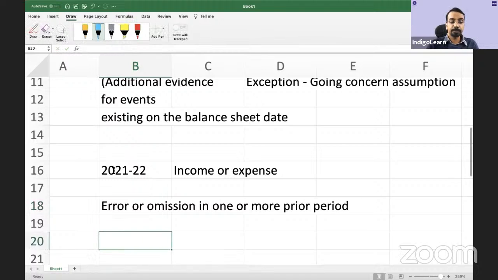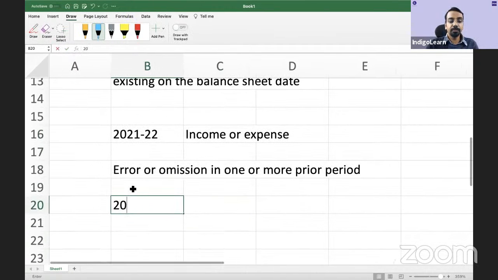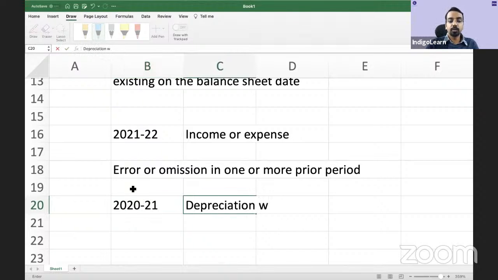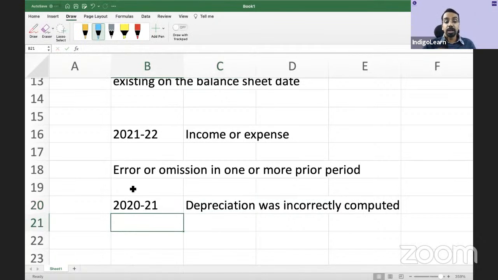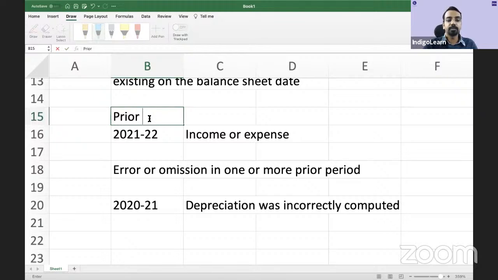Meaning to say, let us say in 2020, depreciation was incorrectly computed. Now, if it was incorrectly computed, what would you do? You will correct the depreciation impact and you will show it separately in the current period financial statement as a prior period item or prior period expense.